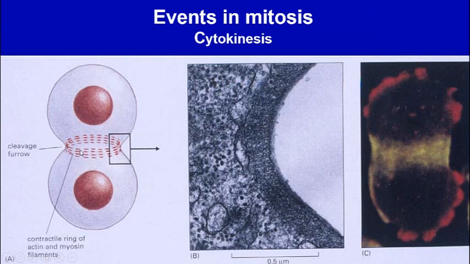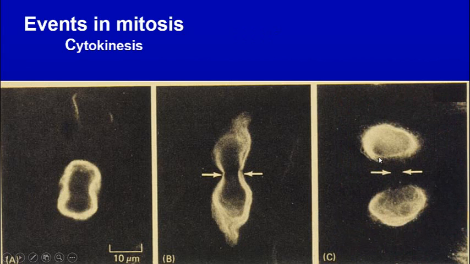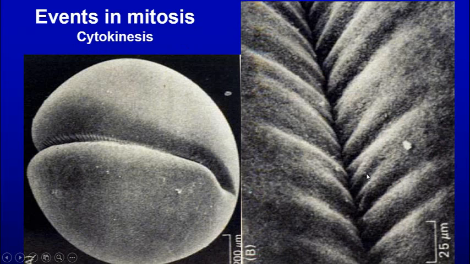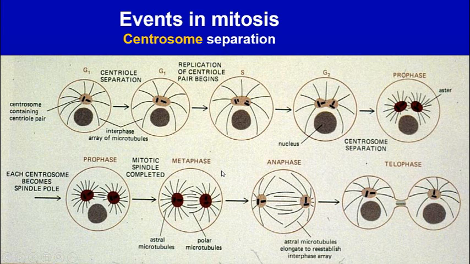You can see the actin-rich area with fluorescent staining in the middle, with a nucleus on each side, of a cell undergoing cytokinesis. We can see the hourglass squeezing of the cell, and finally the two cells are complete. This is a scanning electron microscope view of a double cell dividing in the middle, and you can see the cleavage furrow that is going to separate it into two different cells.